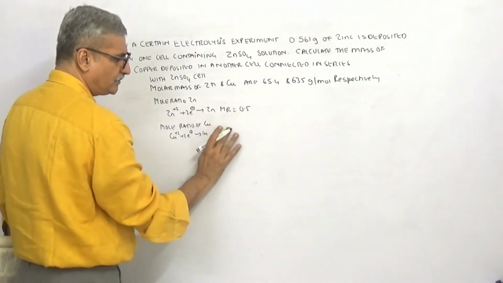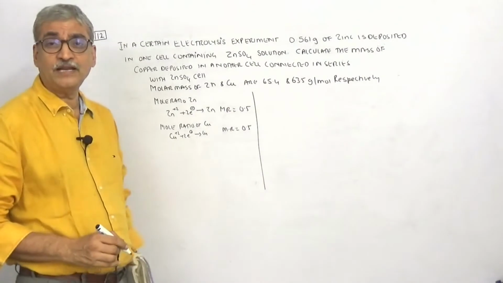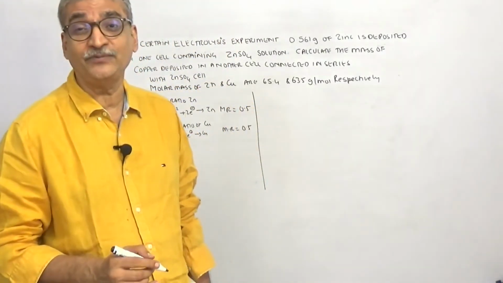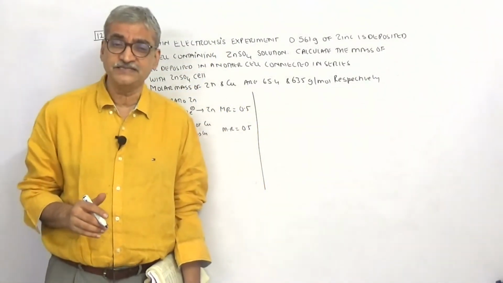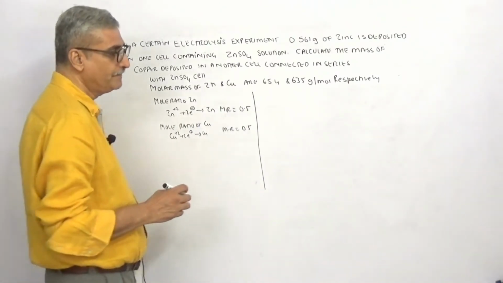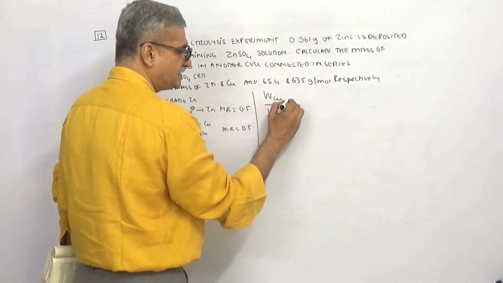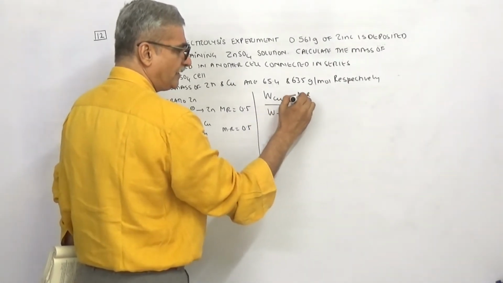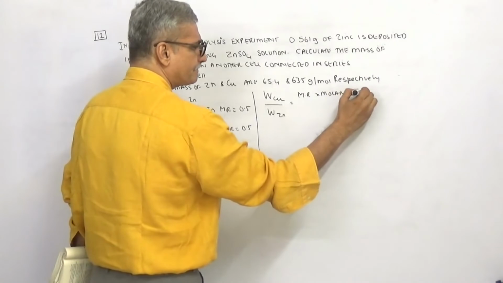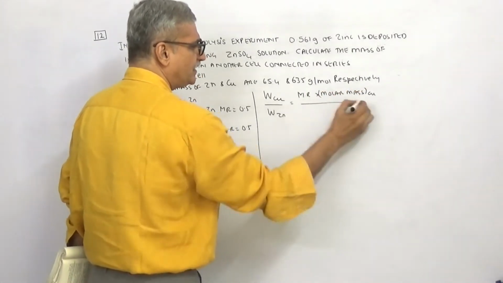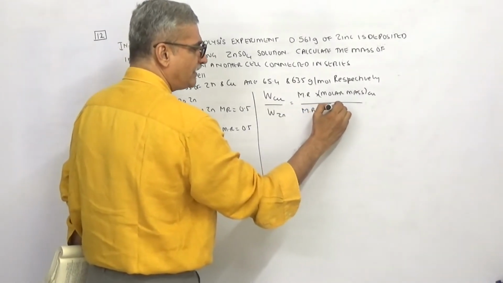Here also the mole ratio is 0.5. Remember, molar mass into mole ratio is equivalent weight. Something as simple as that also has been asked. So mole ratio into molar mass is equivalent weight. Is this clear? So we have to find out weight of copper. Weight of copper upon weight of zinc will be mole ratio of copper into molar mass of copper upon mole ratio of zinc into molar mass of zinc.